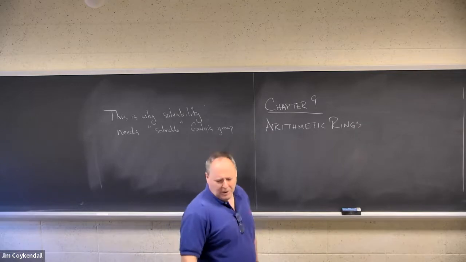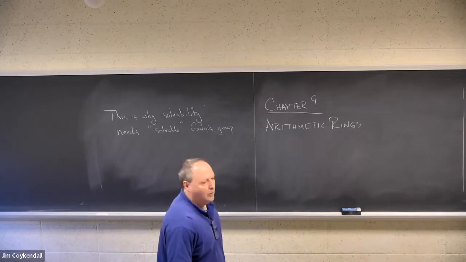So what I'm going to talk about will have a bit of flavor from the part of ring theory I like. It's kind of snuggling up to number theory a little bit.